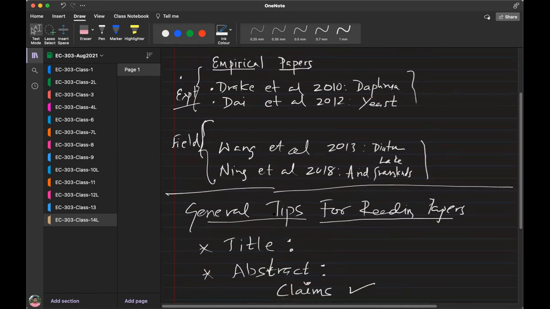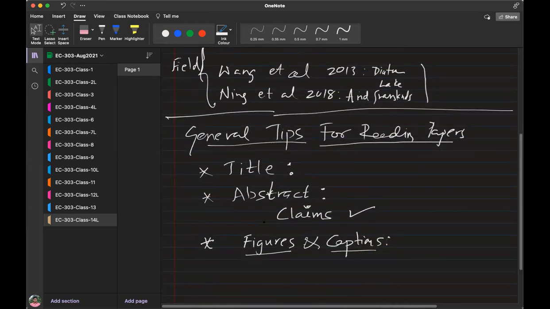They're mostly good papers. After the abstract, if you jump across the figures and read all the captions, most likely you will also be able to appreciate what the main point is. So at this stage, what you should check is whether there is evidence in the figures for the claims made.